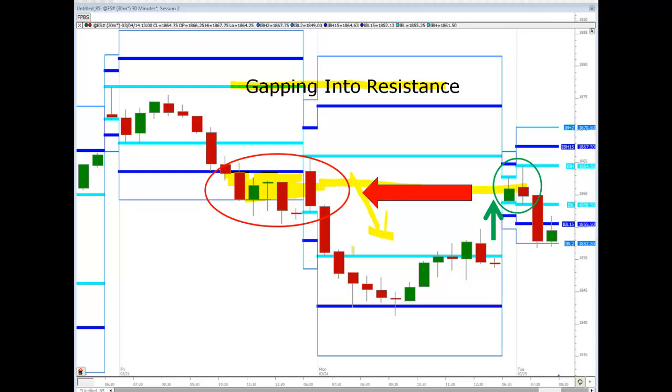Once you begin to see these patterns develop, and you see that even the initial balance high of the prior day we weren't able to test during the first hour of trading, which usually has the greatest level of volatility, then that is a strong indication that the seller is still alive, well present, and strong in the marketplace.